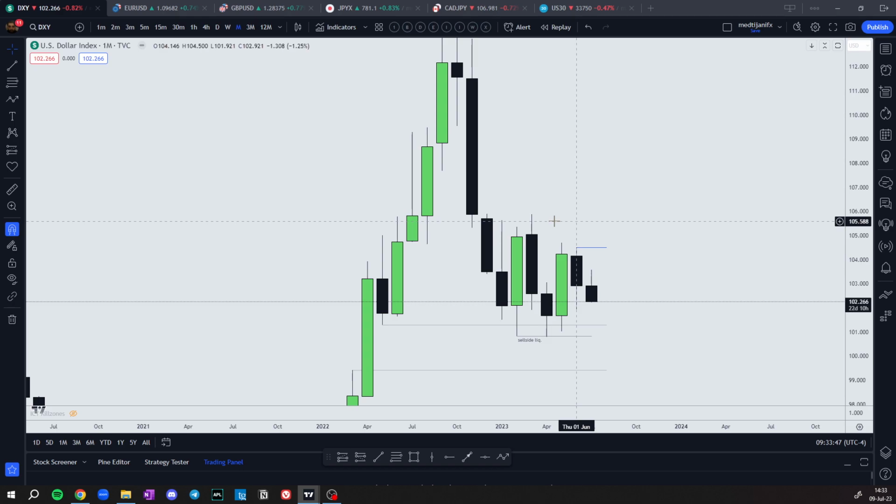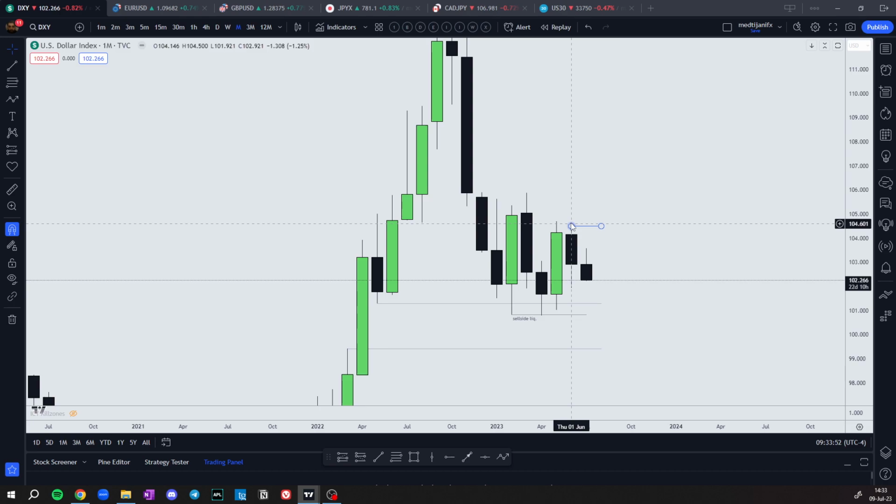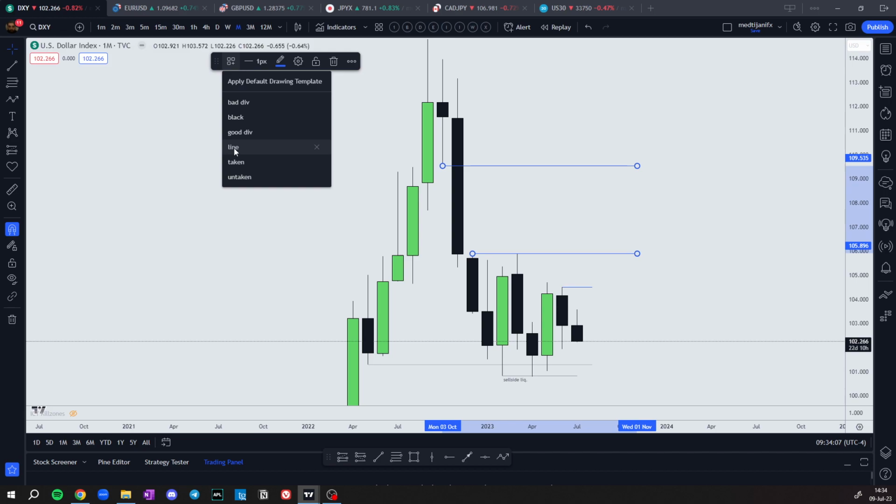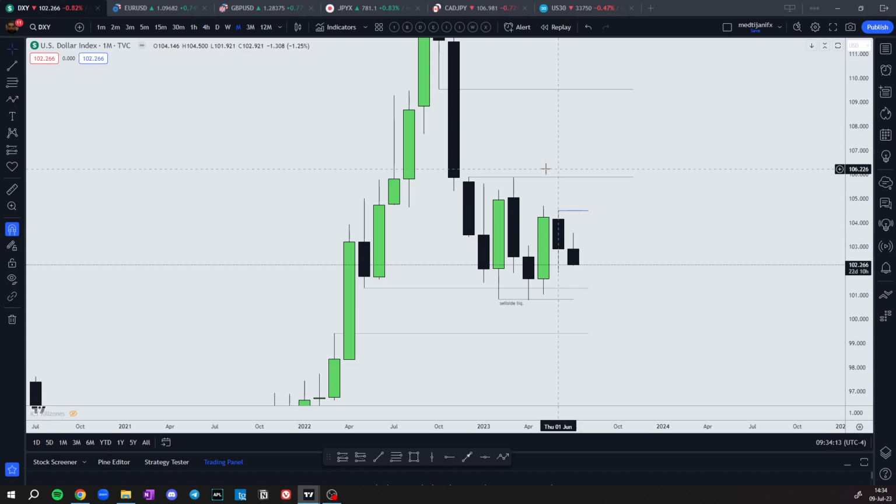If price takes the previous monthly high, there is a higher chance that it is going to take these equal highs here of the accumulation and maybe fill this monthly fair value gap above the monthly CB. On the monthly time frame, we are seeing quite a consolidation from the beginning of this year.